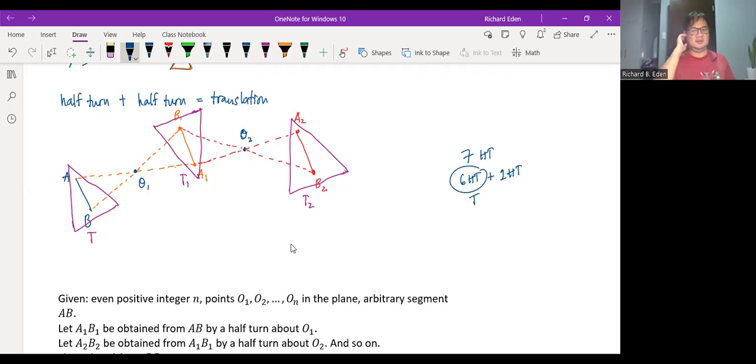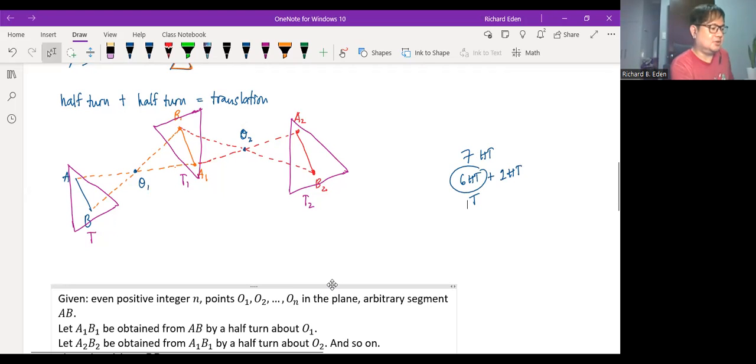Parang something reflection translation. So let's take a look, no? Actually, let's look at what is the result of a translation and a half turn. Okay, then let's also look.